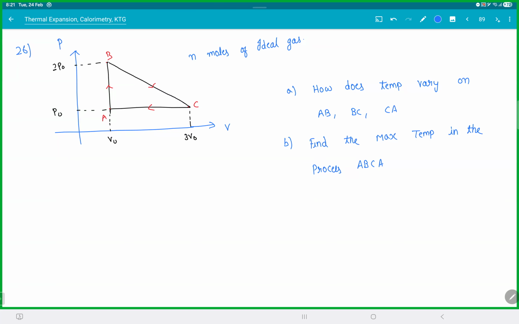B to C is the most important one. You messed up B to C. If it is the exam, I'll ask you how the temperature varies in B to C.